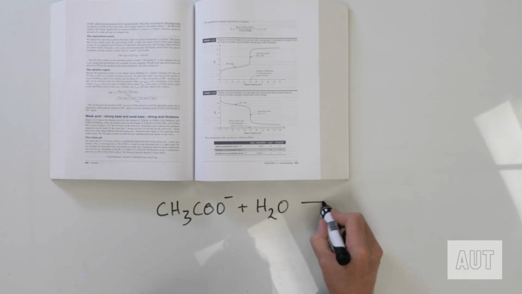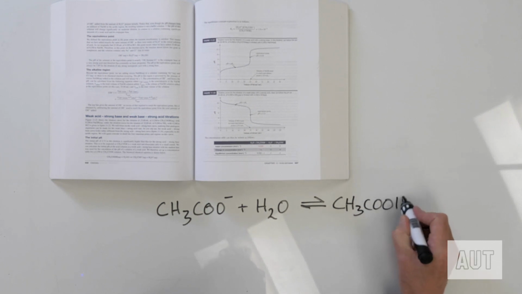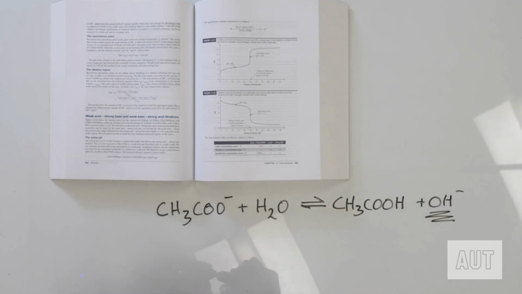And it can therefore react with water to give us the undissociated acid plus OH minus. So acetate ion, a weak base in solution, you are going to get production now of OH minus in that solution.